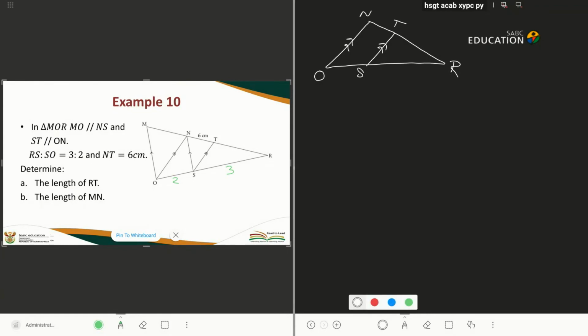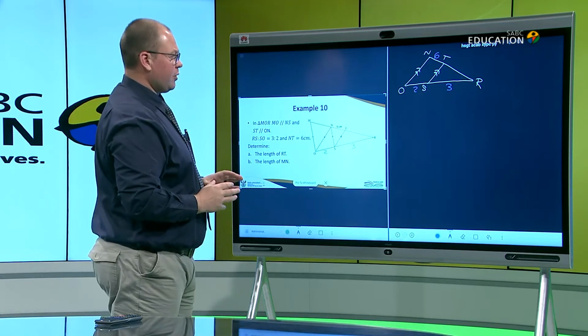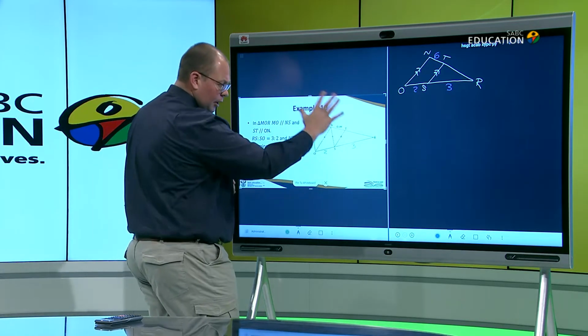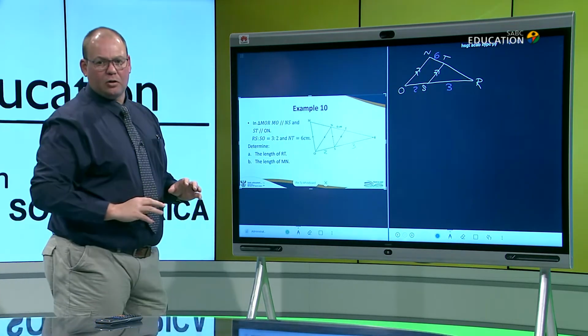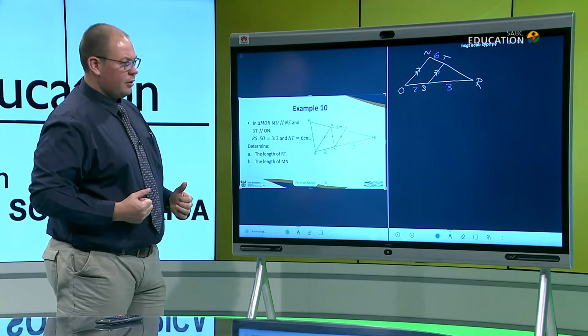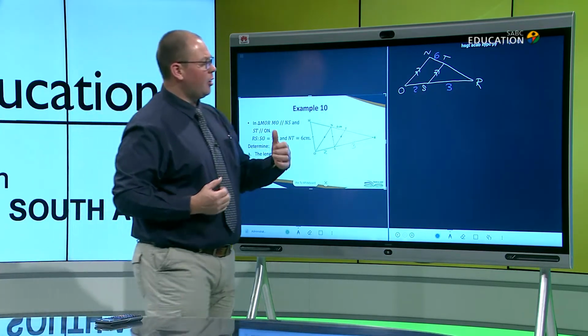Now I can indicate the values that were given. NT is given as 6, and the ratio was given as 3 to 2. Now it looks a bit easier because I only work with a diagram in which I have the length of TR. If you look at the full diagram, you might get confused as to what you're working with. Okay, so now you understand.